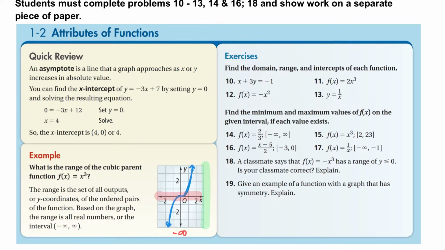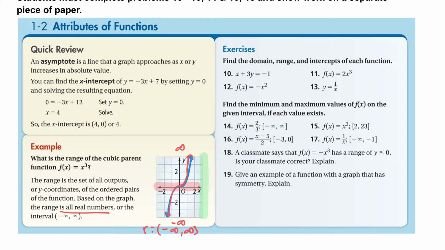As we go from right to left, this graph is decreasing and the y value is approaching -infinity. As we go from left to right, the y value is going to positive infinity. So what's the range? The range is negative infinity to positive infinity, the set of all real numbers.